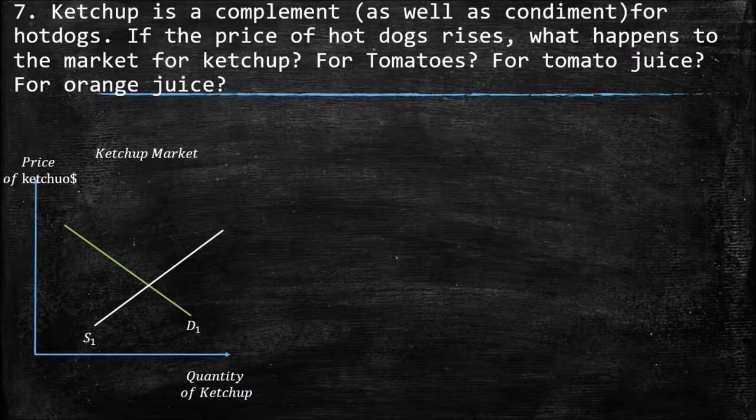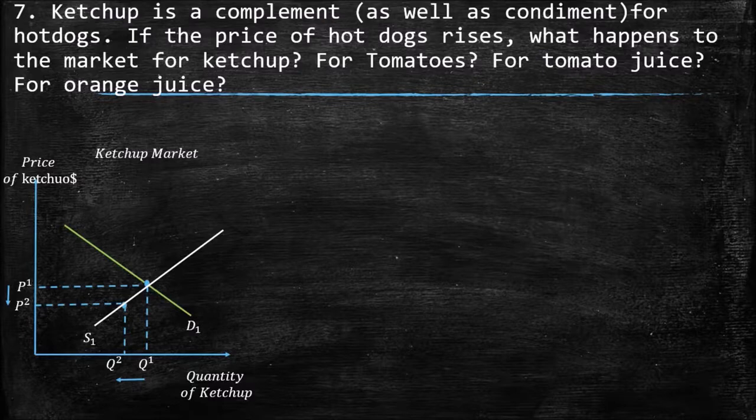It means that the quantity demanded of ketchup is going to be less, because you consume ketchup with hot dog, so you're not going to consume more of this ketchup given the rise of the price of hot dogs. So the demand curve is going to shift to left.